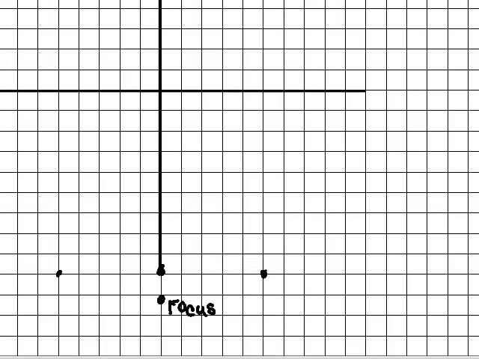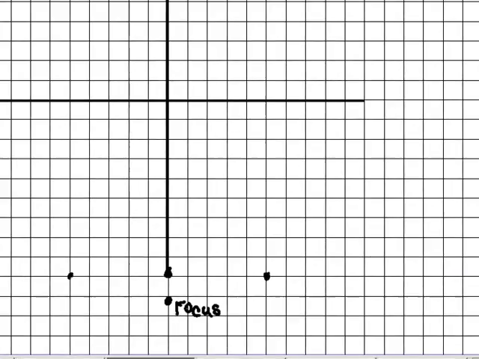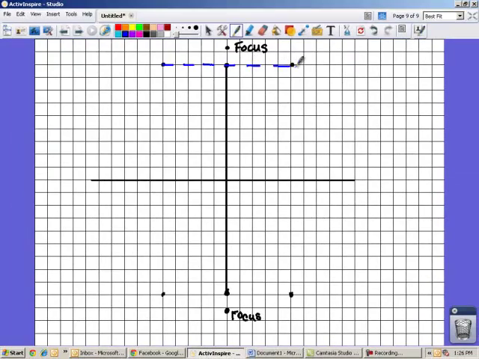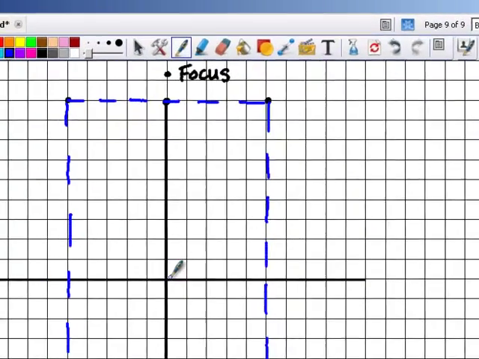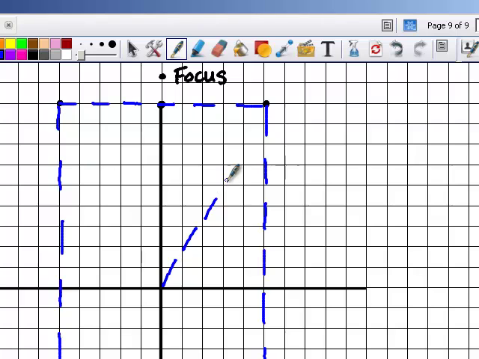I'm going to go ahead and put the dotted lines in. And then I need that diagonal. Hopefully I can be a better drawer this time.